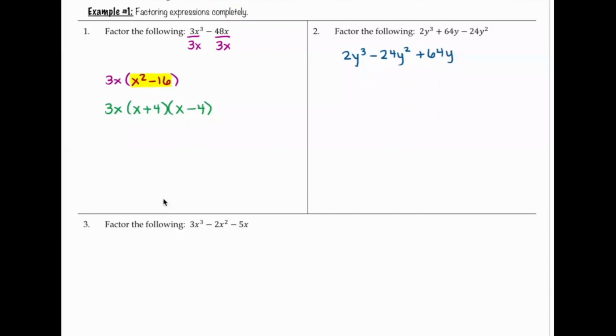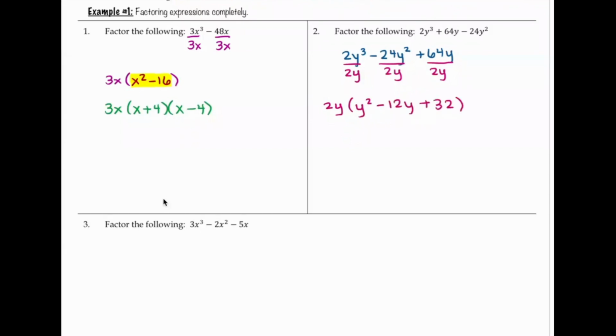Now, at this point, we're going to start off with that GCF. If there's a GCF, you want to take it out. And here I see a GCF of 2y. Once I see the GCF, I divide each piece by the GCF, and then I am going to see what is left behind.